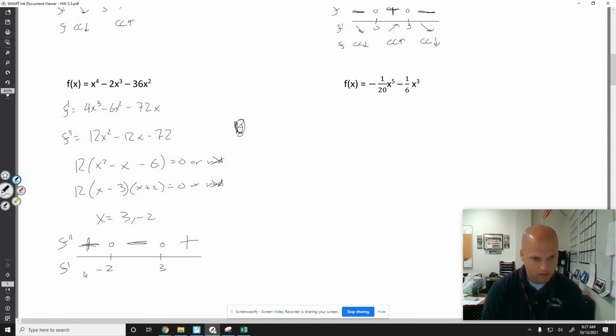This tells me about f prime going up or going down. F prime going up or going down tells me about the concavity or the curvature of f. F is concave up, then concave down, then concave up. So these are both points of inflection, and here's the curvature: curving upwards, curving downwards, curving upwards. So just drop it there. You're good.